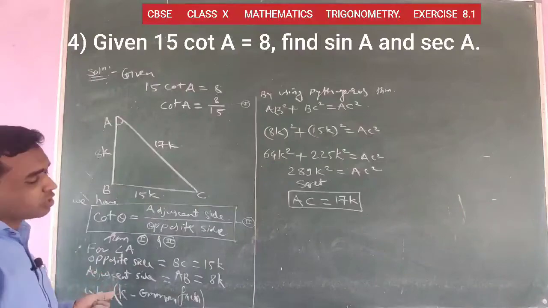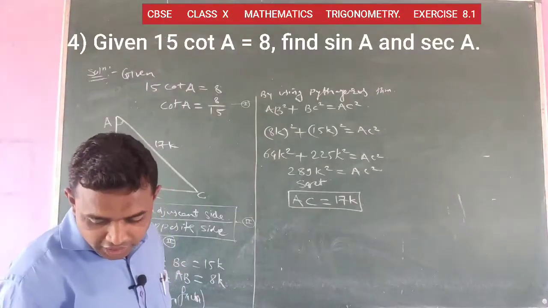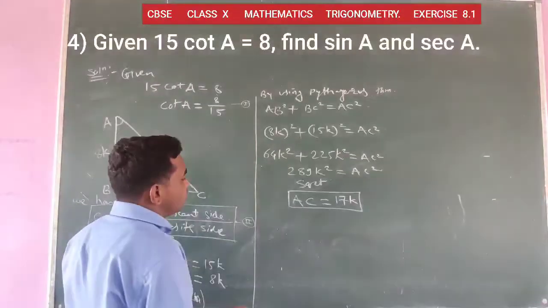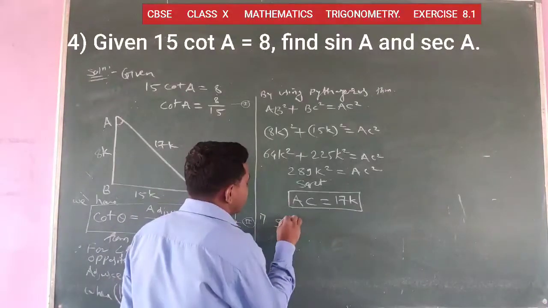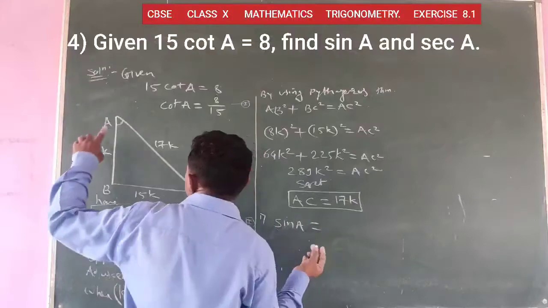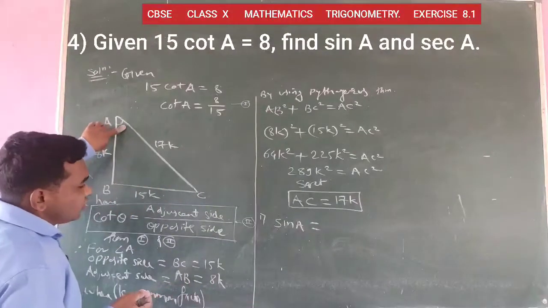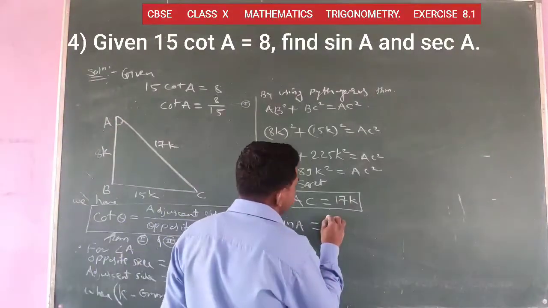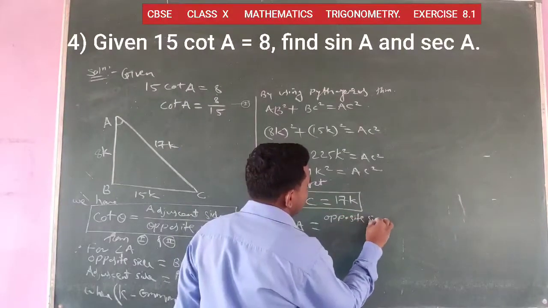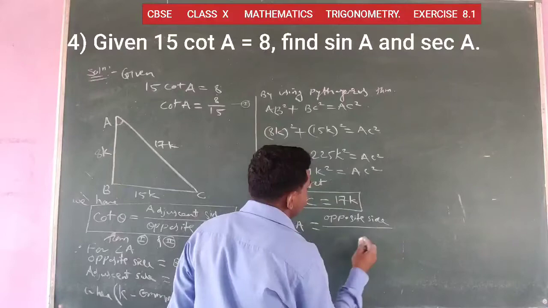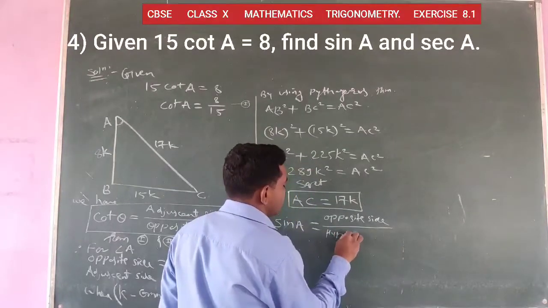Now we have to find the ratios sin A and sec A. So number 1, sin A. We have to find sin A. What is opposite side upon hypotenuse?